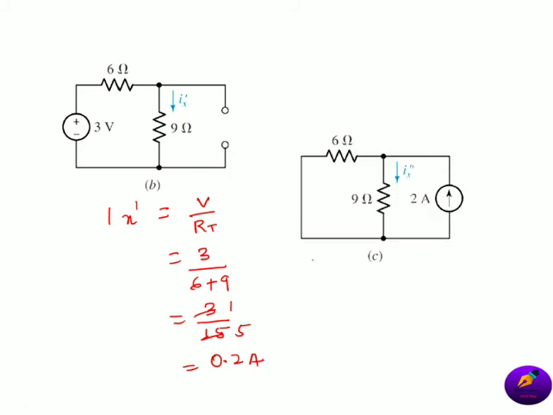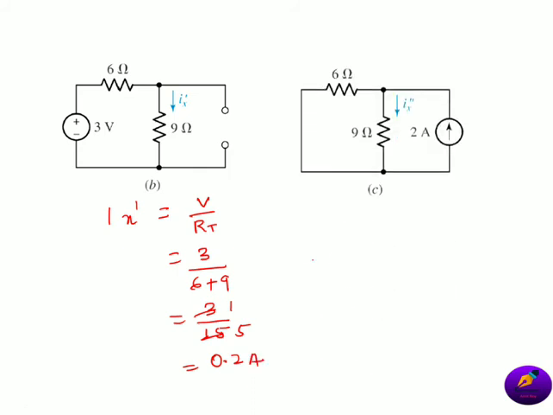ampere. Now taking another circuit, we have taken 2 ampere as the active source and suppressing 3 volt by short circuit. In this we have to calculate Ix double dash, which is equal to, by applying the current division property, we can calculate the current through 9 ohm, that is 2 multiplied by 6 divided by 6 plus 9.